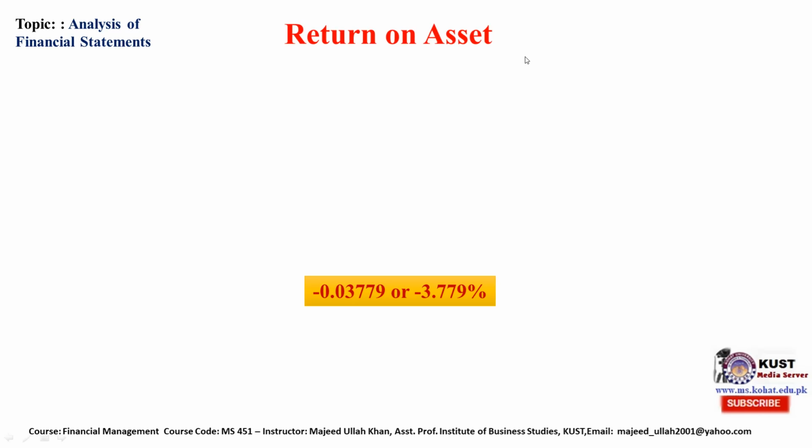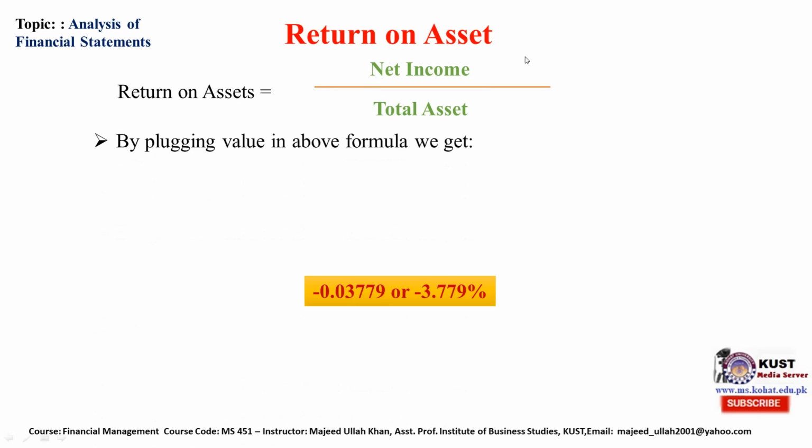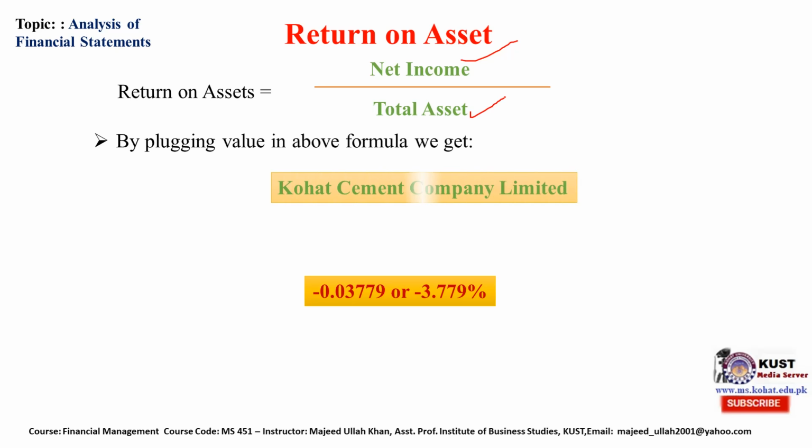Return on asset. This is where the second category starts. Return on asset is equal to net income divided by total assets. Plugging value in the above formula, we get this value from the income statement, this value from the balance sheet.